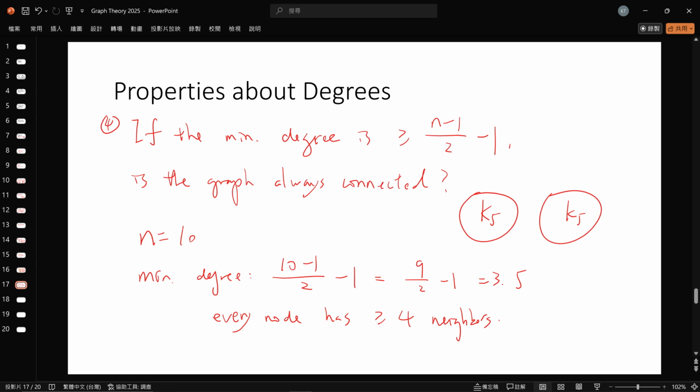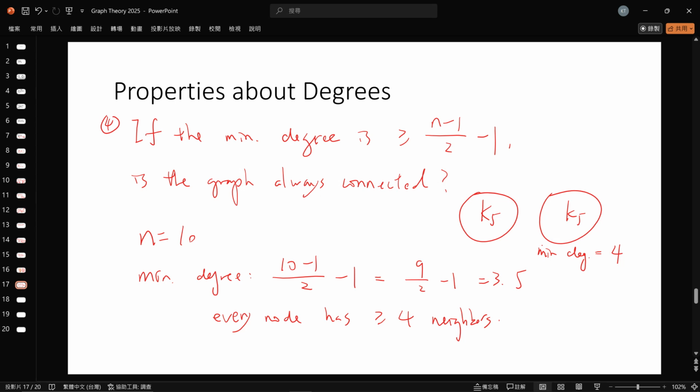Okay. So this is a counterexample. By the way, a graph where all the vertices have the same degree is called a regular graph.